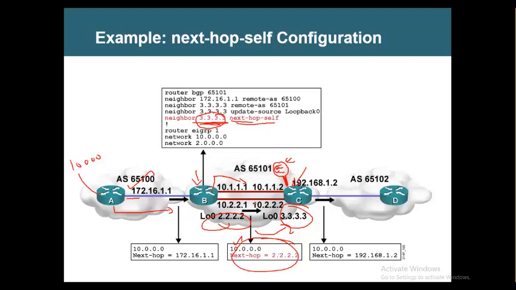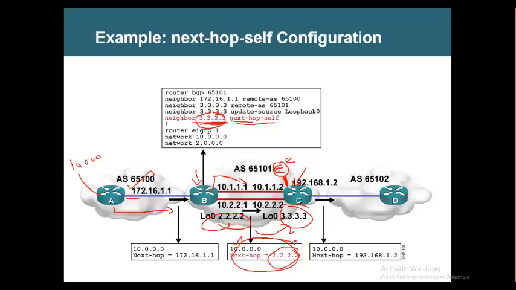Usually the routes coming from IBGP will not be given to another IBGP. So to make it forward, we need to either make a full mesh or reflect the route. When you do reflection or a full mesh, E will be receiving 2222 as the next hop.